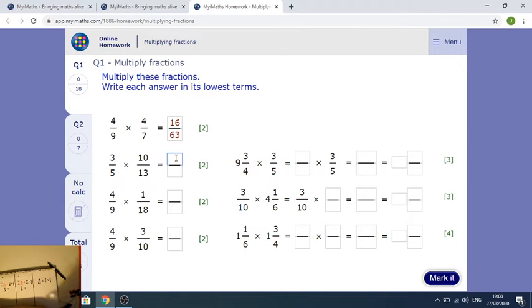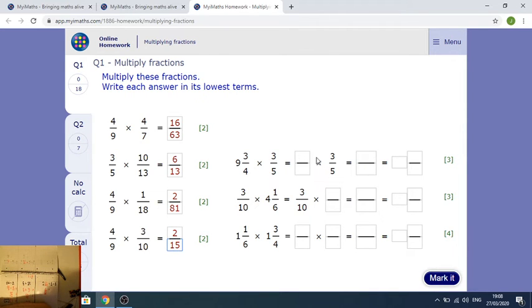I got 6 over 13 when I reduce that to its lowest terms. I got 2 over 81 when I reduce that one to its lowest terms. I got 2 over 15 when I reduce that one to its lowest terms.